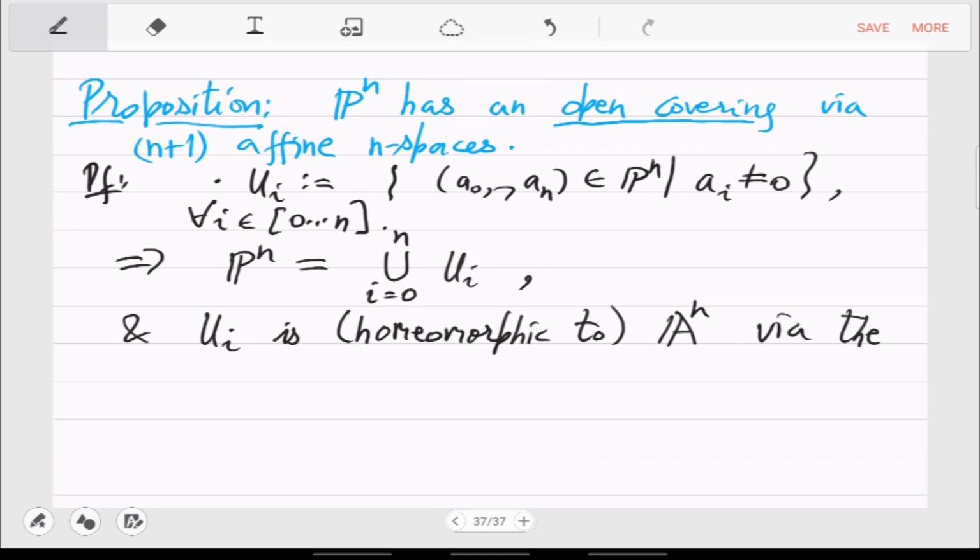So, Ui is essentially A to the n via the following map, and that is a nice map. It is phi I, Ui to A to the n. It does what? It sends a0 to an, to, as I said, you just divide by ai.